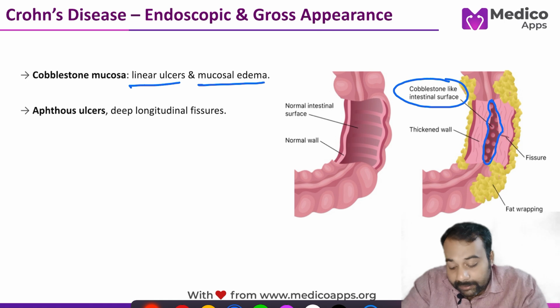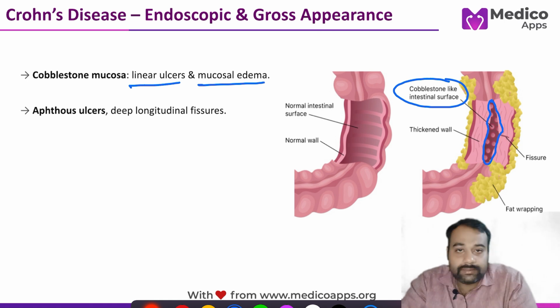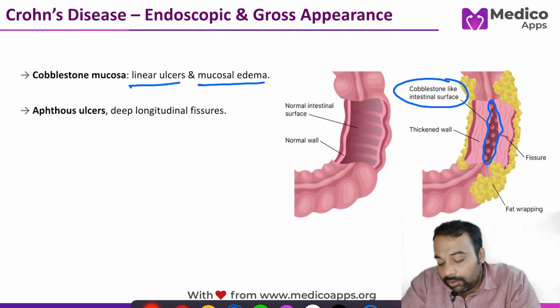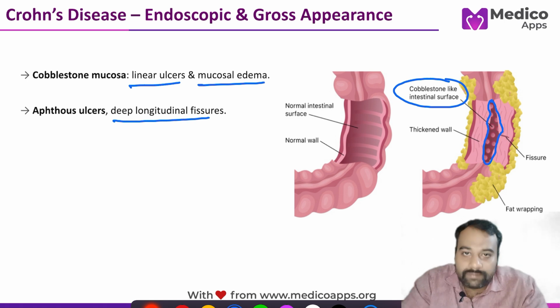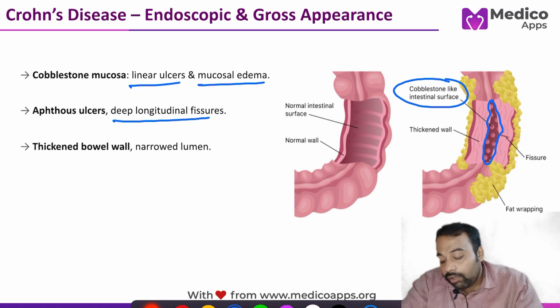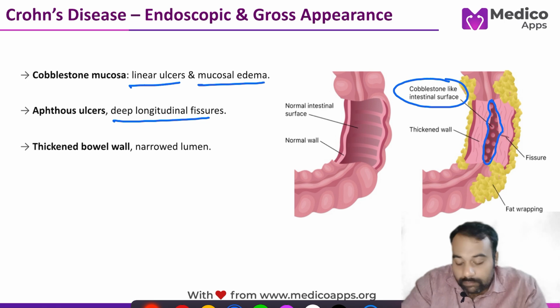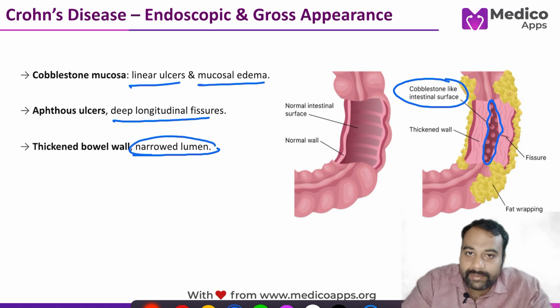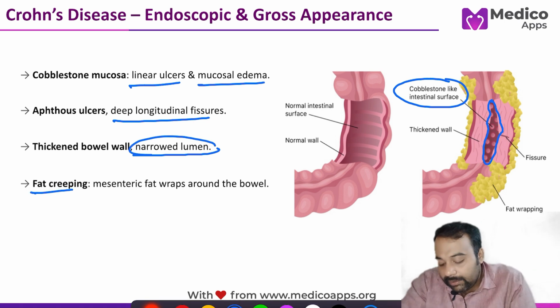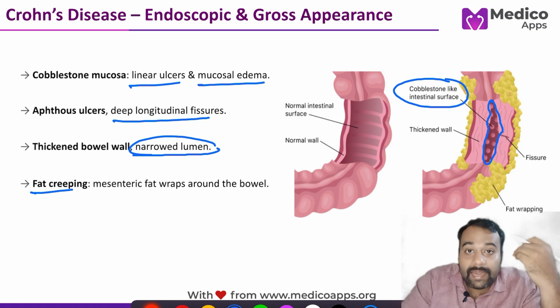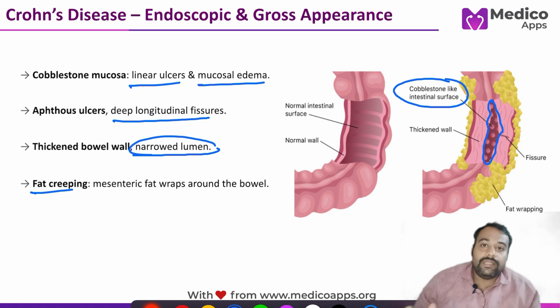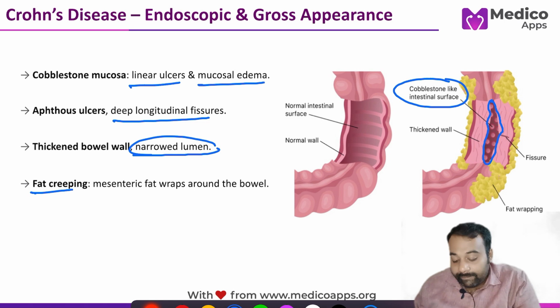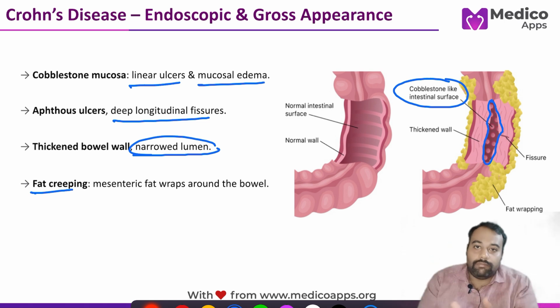Also there are aphthous ulcers, which are nothing but deep longitudinal fissures. There is also a thickened bowel wall, and that leads to a narrowed lumen as well. Typically you are able to appreciate creeping fat. This creeping fat is the mesenteric fat that wraps around the bowel.